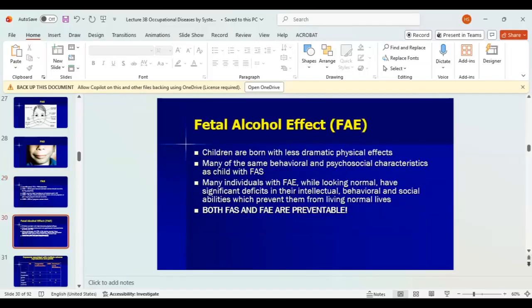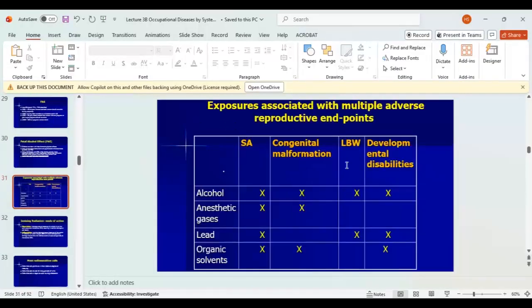But all right, you have this other thing they call fetal alcohol effect. Some people thought it was a precursor for fetal alcohol syndrome, but we are now learning that it's two distinct conditions. But the good news is that both of them are preventable, right? Again, these are exposures associated with multiple adverse reproductive endpoints.